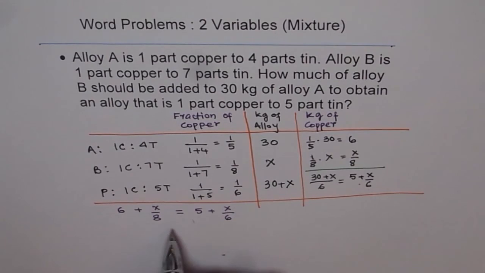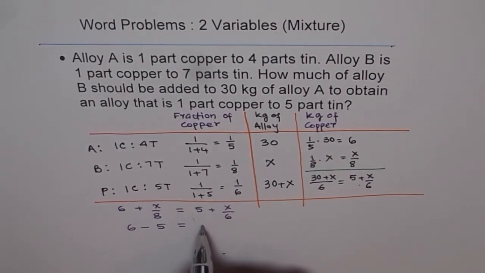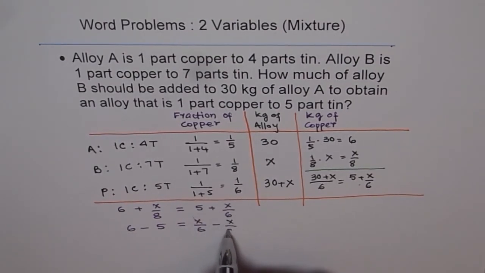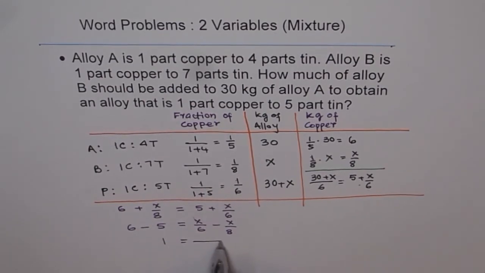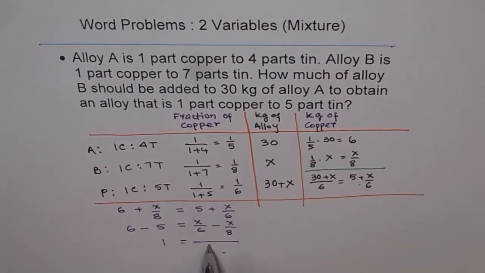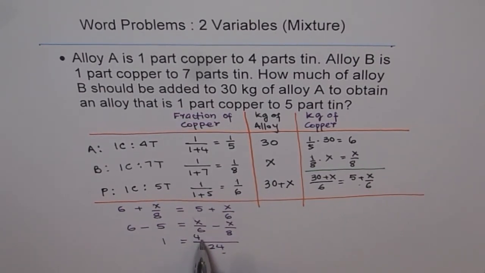Now we can solve this, bringing numbers on one side. 6 minus 5 equals x over 6 minus x over 8. Now 6 minus 5 is 1, and here we can take a common denominator, which is 24. And so we multiply this by 4, so we get 4x minus 3x, correct?